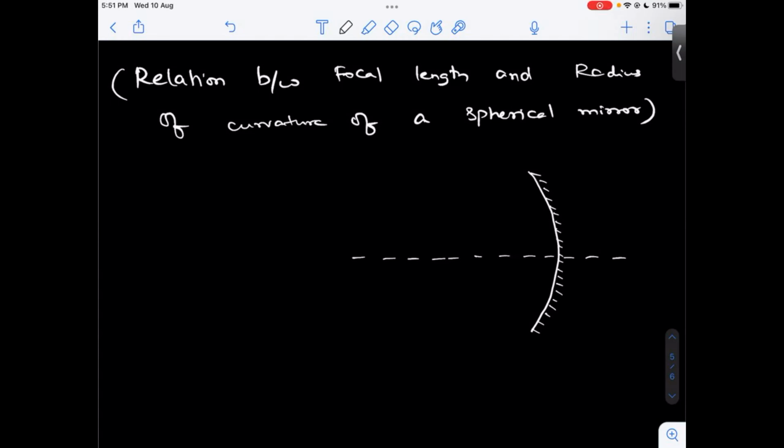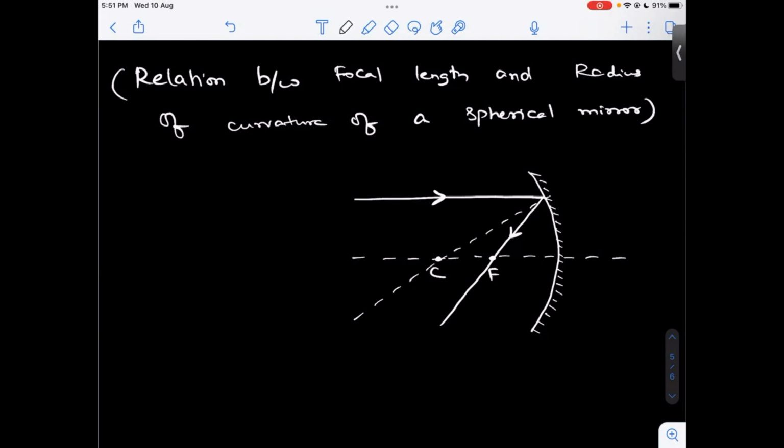So let us consider a concave mirror where you have the center of curvature and you have the focus as well. Now, if I consider a ray parallel to the principal axis, after reflection, where is it going to pass through? It will pass through a point on the focus.